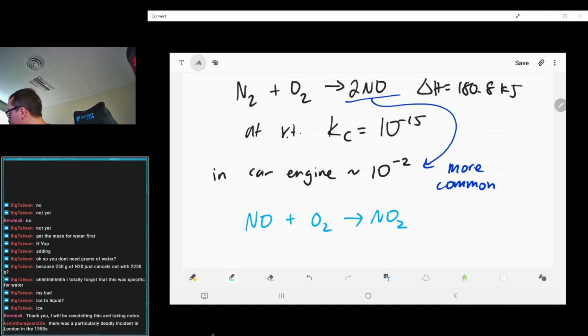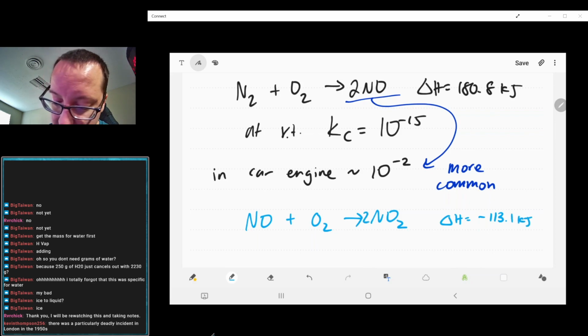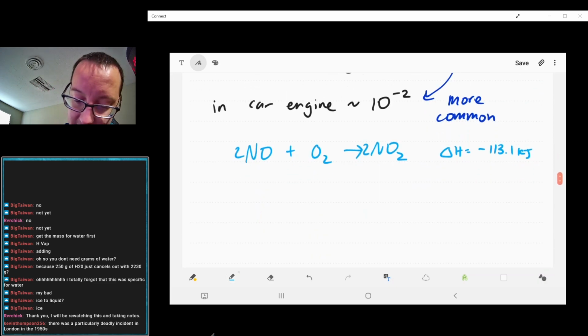Which has its own delta H here of negative 113.1 kilojoules. I guess I should balance this reaction. So perhaps it doesn't seem terrible by itself, but as we go forward, this species then is photoreactive.